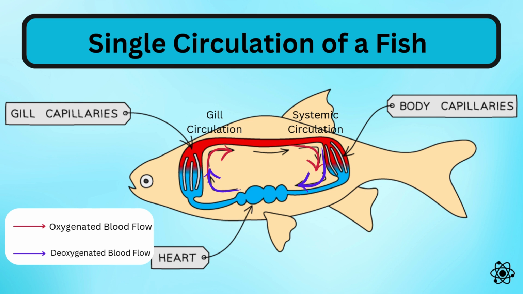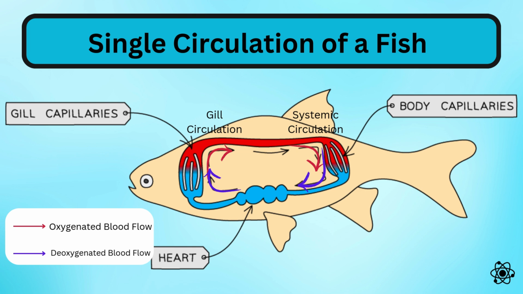So deoxygenated blood from the body capillaries moves through the two chambers of the fish's heart, the atrium and the ventricle, and then reaches the gill capillaries where oxygen is absorbed into the blood. Thereafter, the blood becomes oxygenated and moves from the gill capillaries to the body capillaries, completing one circuit.